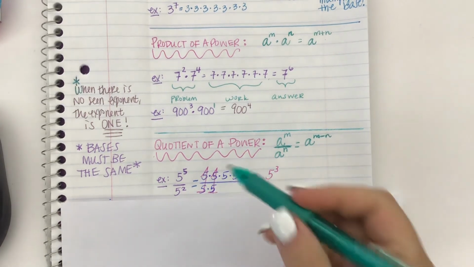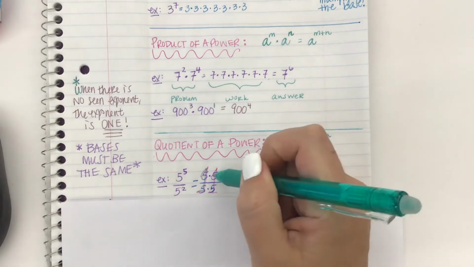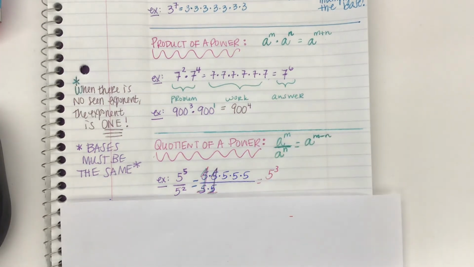So that's why you see this big giant 1 over 5, because those cancel out. And then we don't have anything else to cancel out, so all we have left is 3 fives, and you write it 5 to the power of 3. And that's our simplified answer. If you have trouble, write out your exponents and then cancel out what you can.